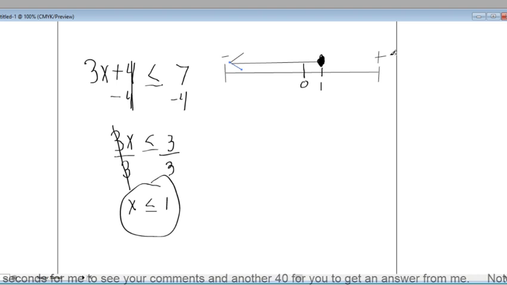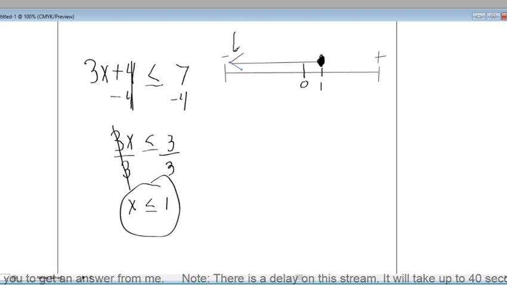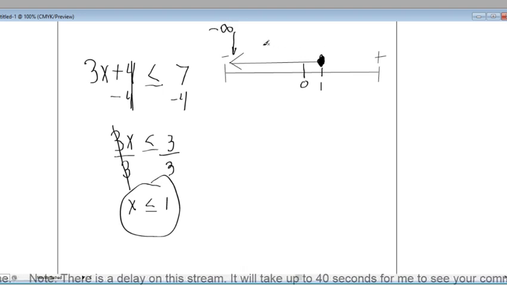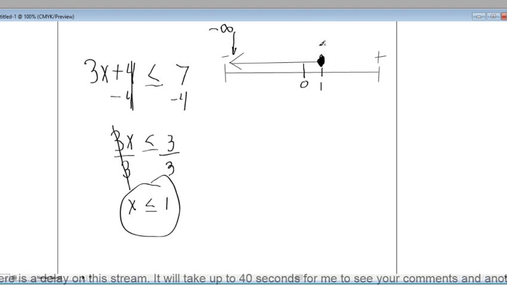There's a difference between positive infinity, which is over on this side, and negative infinity, which is over on this side. So when we go to make our interval, again, we need a start point and an end point, and that's always read from left to right. So our start point here is at negative infinity, and it goes all the way to here and then stops at positive 1.